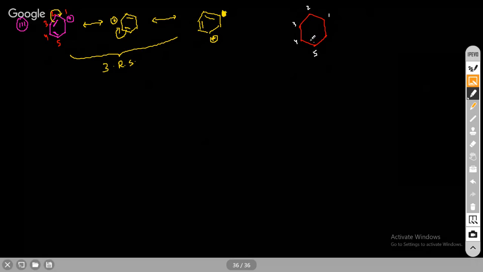From 5 to 1, the pi electron is delocalized, so we'll write the partial double bond like this. It means the pi electron is delocalized from the first carbon to the fifth carbon. Now we get positive charge at the first carbon, then the third carbon and the fifth carbon. So we'll have delta plus on the first, delta plus on the third, and delta plus on the fifth. This is the actual structure of this molecule.